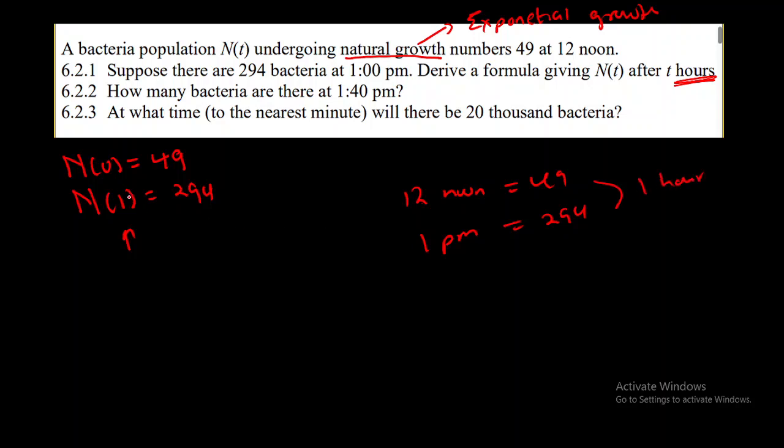If they said derive a formula giving N of T after T minutes, I was going to write N of 60. But they said we must derive a formula giving N of T after T hours, so we are going to use 1 hour instead of 60 minutes.